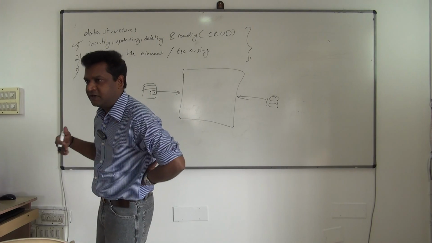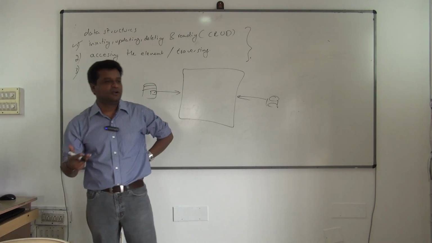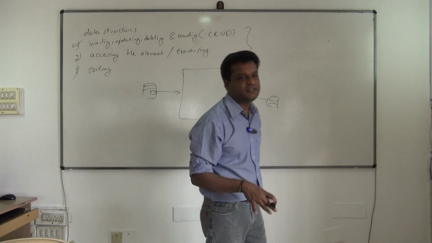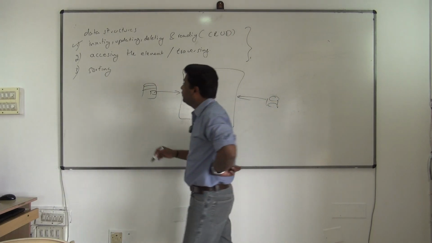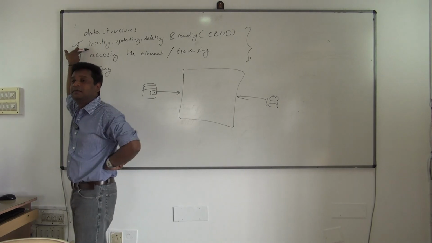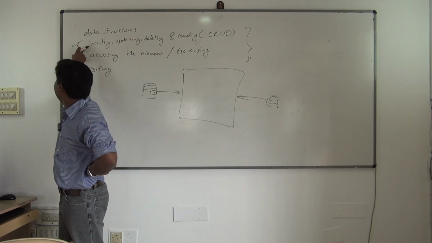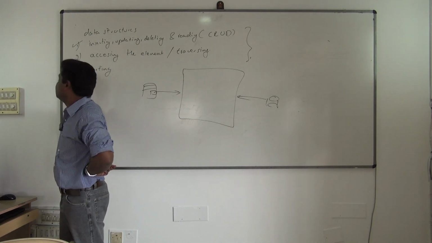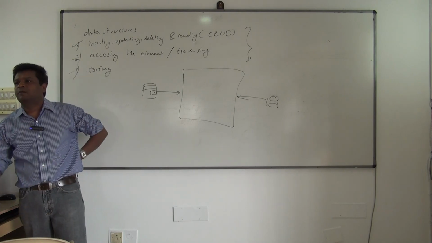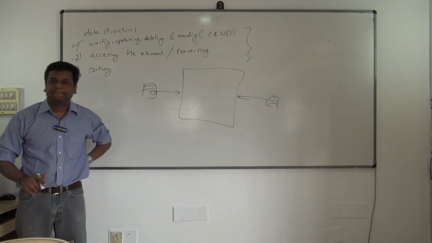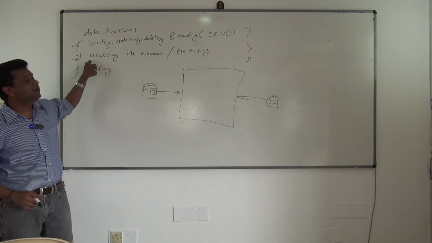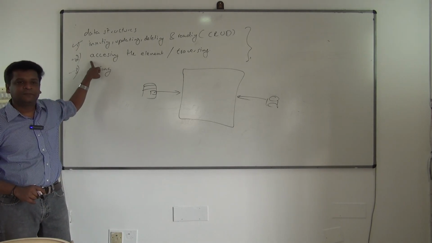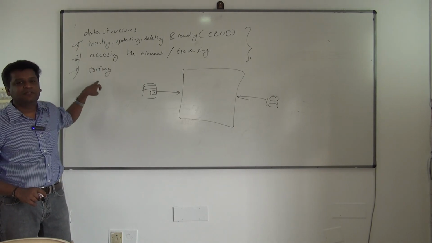It's all about inserting a record in some other structure, or sorting in some other structure, or visiting the elements in some other structure. Till now we have completed the first one in ArrayList. So we are pending with accessing the elements and sorting. I'll cover it. That's all about the array structure, nothing more. Understood? So today I'll be going with accessing the elements or traversing. Then I'll go with sorting.